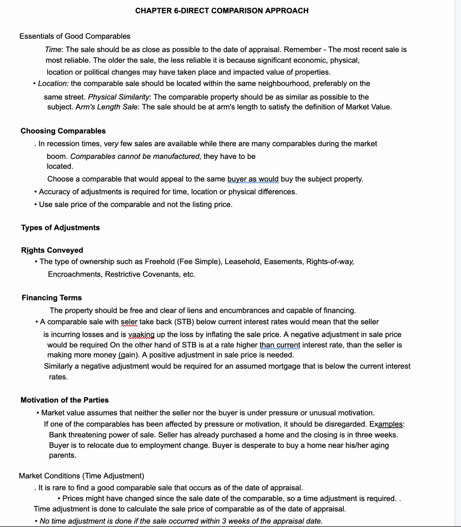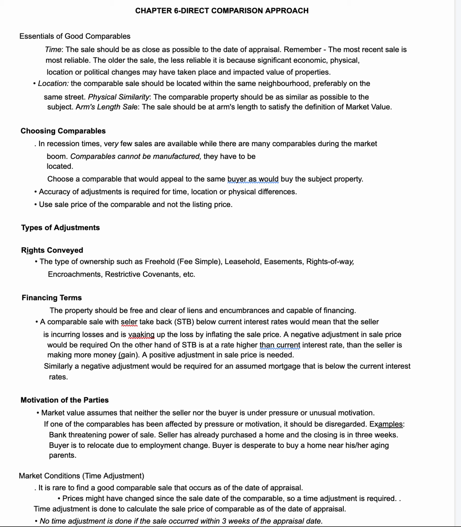You could have a property where the client's interest is a life estate, a leasehold, or a fee simple. Given the nature of the majority of transactions in residential real estate, for the purpose of this course you need only concern yourself with estimating the value of the house where the ownership is fee simple.